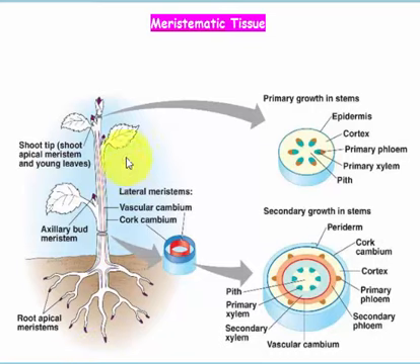As the apical meristem grows and forms leaves, it leaves behind a region of meristematic cells at the node between the stem and the leaf. These axillary buds are dormant, inhibited by auxin produced by the apical meristem, which is known as apical dominance.